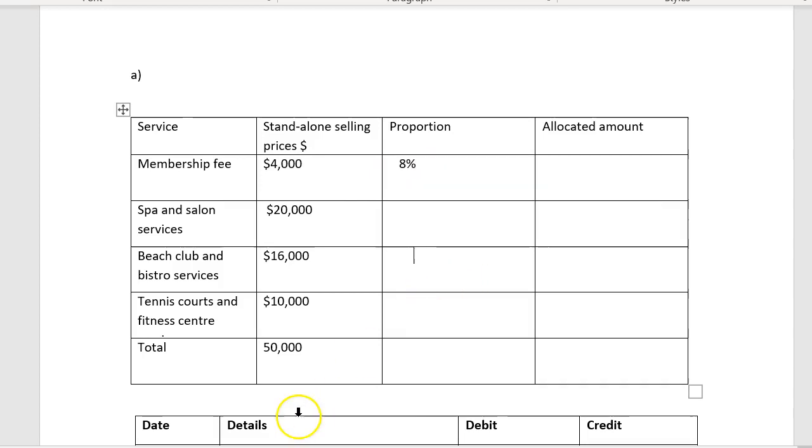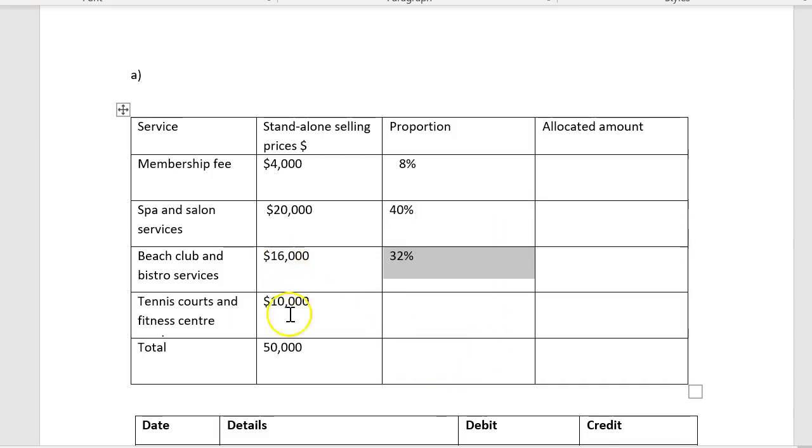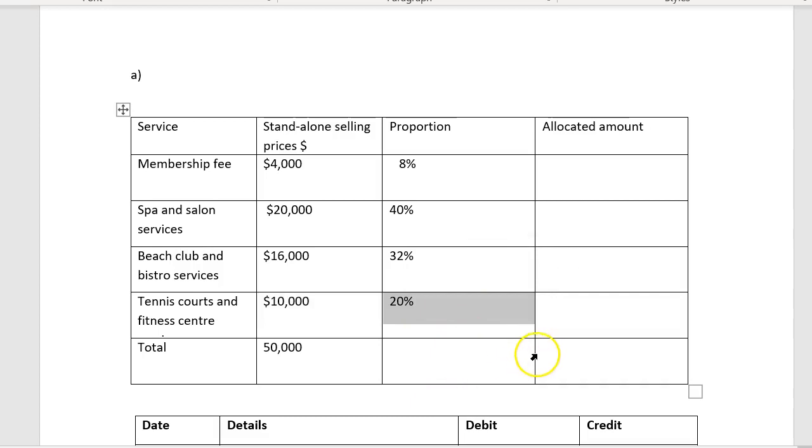It's 8%, you divide 4,000 by 50. What about spa and salon services? It's 40%. What about beach club? 16,000 divided by 50 gives you 32%. Tennis courts, 20%. That's 10 divided by 50.